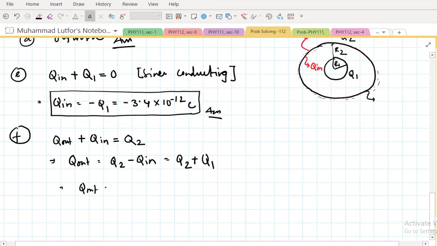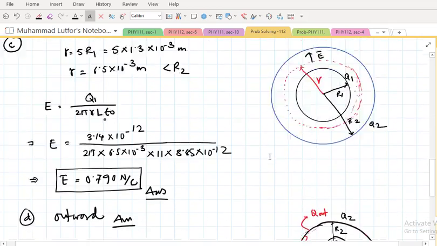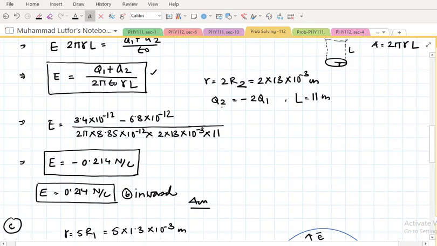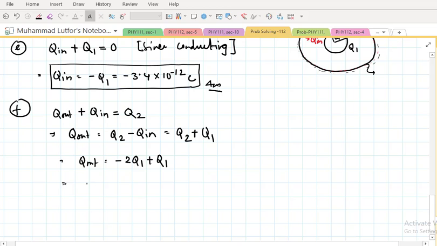Now Q out, we can find that Q2 is basically minus 2 Q1 plus Q1, right? Q2 is given as minus 2 Q1 over here. In that case, you will find out that Q out, the charge on the outer surface of this spherical shell, would be minus Q1, which is basically minus 3.4 into 10 to the minus 12 coulomb.